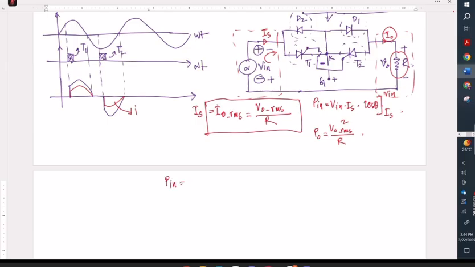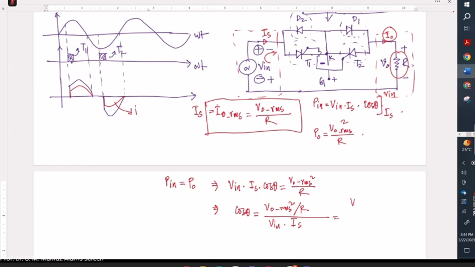So we can write P in equals P out, meaning V in RMS multiplied by IS multiplied by cos theta equals V naught RMS square over R. Or we can write cos theta equals V naught RMS square over R divided by V in multiplied by IS.